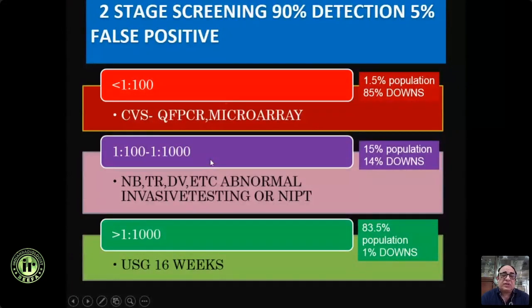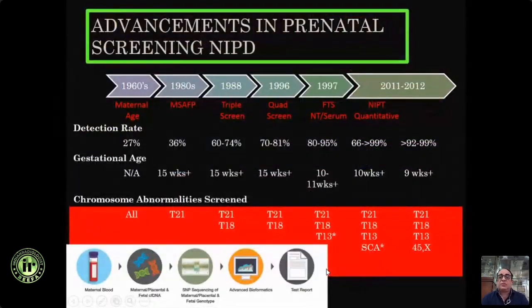And if the risk is less than 1:100, we order other tests like NIPT or ultrasound in the second trimester. Now here you can see that from the 1960s, we have been doing prenatal diagnosis. It depended heavily on high maternal age, then alpha-fetoprotein, triple screen, quadruple screen, all about 70 to 80% accurate. And then first trimester screening was about 90 to 95% accurate.